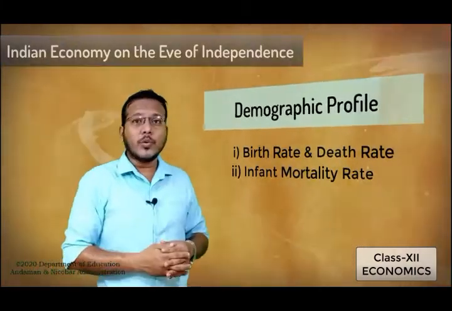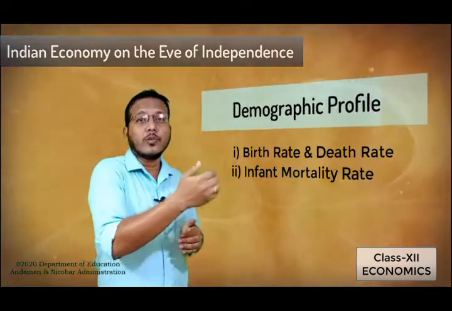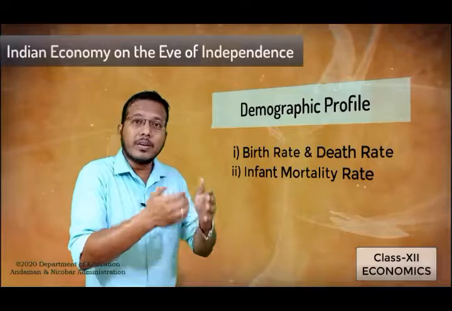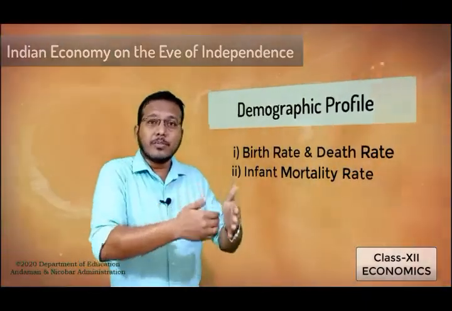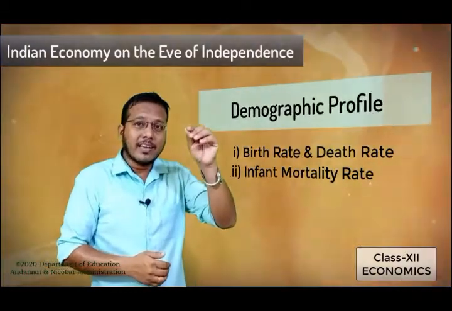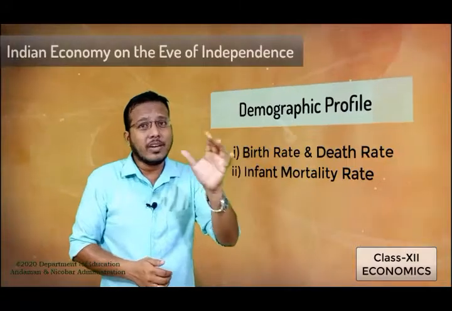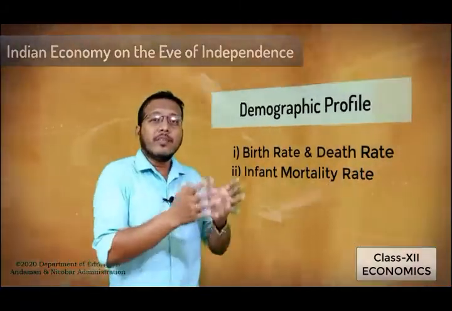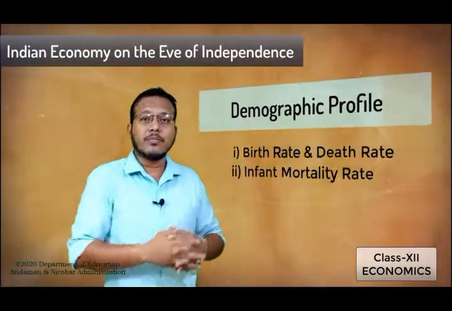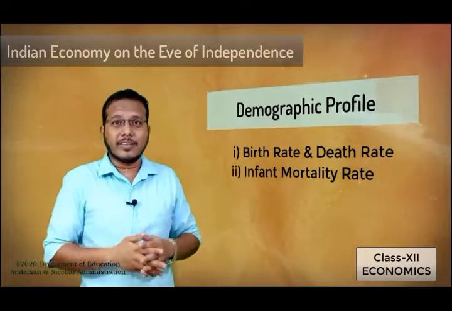At the time of British rule, the infant mortality was nearly 218 per thousand newly born babies. But that rate has gradually decreased, and presently we have only 40. That means we have only 40 infant deaths per thousand babies born during 1 year. So that was the infant mortality rate.